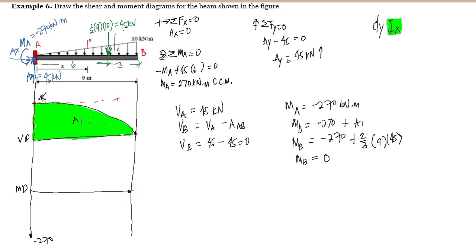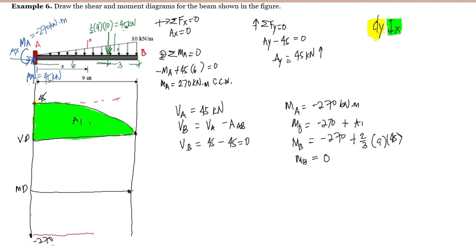Now, since we have decreasing shear from 45 to 0, it means we will be using the dy, decreasing, bend the y-axis. So in this case, if this is the 270, our next point is in quadrant 1, this is the location of the x-axis and this is the y-axis.